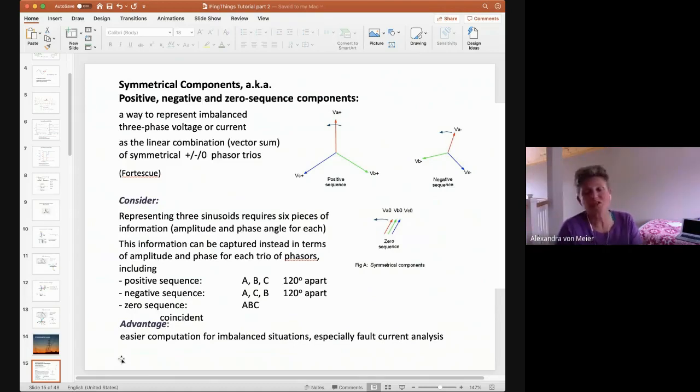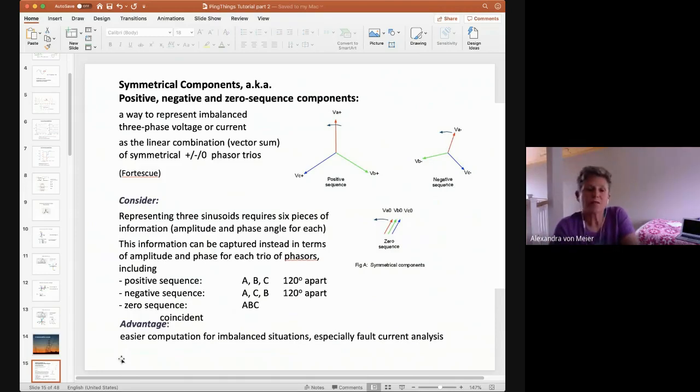And I really shouldn't say three, I should say six, because each phase has two pieces of information, right? So voltage phase A has a magnitude and an angle. Voltage phase B has magnitude and angle. Voltage phase C has magnitude and angle. That's 6. Now, one of them we can choose by choosing our coordinate system. But don't worry about that.